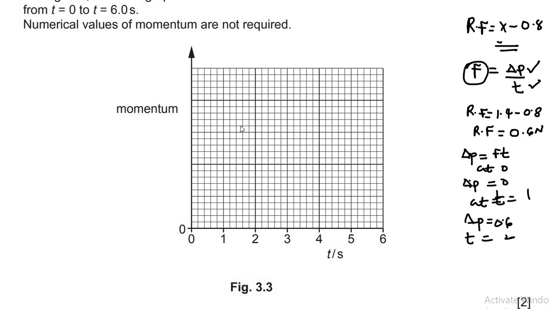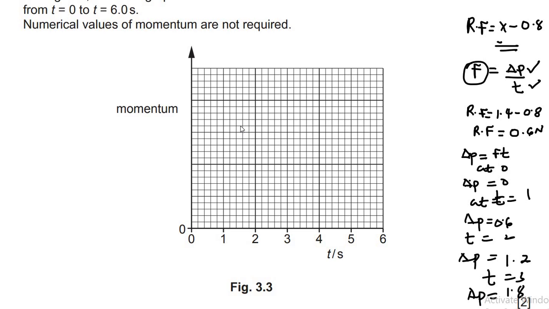At 2, momentum is 0.6 times 2, that's 1.2. At 3, 0.6 times 3. Remember, no numerical value is needed. At 3, momentum is 1.8.